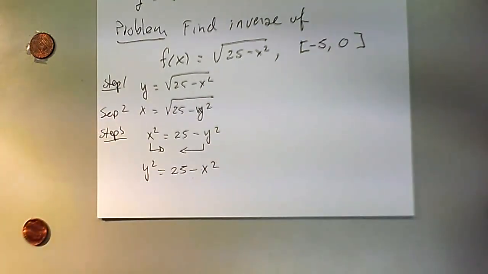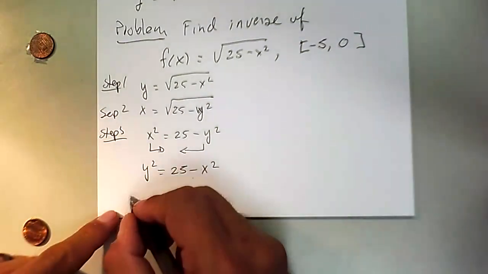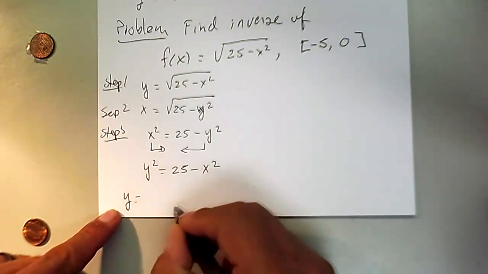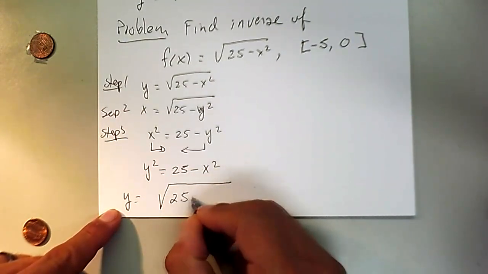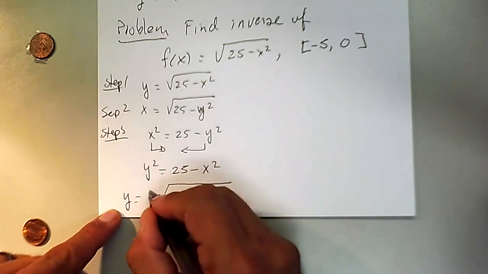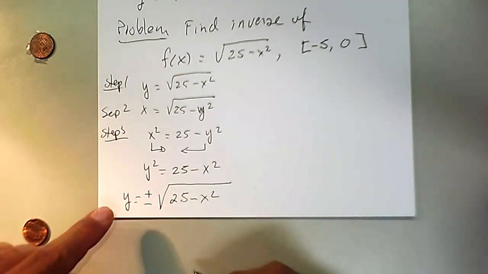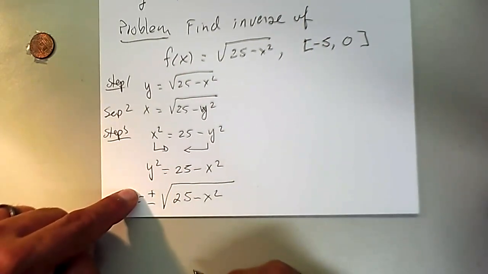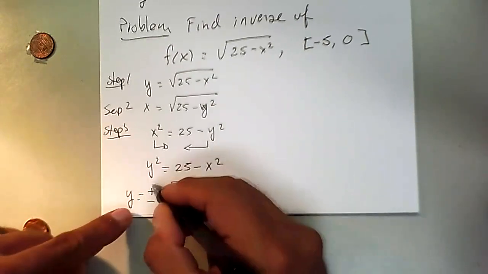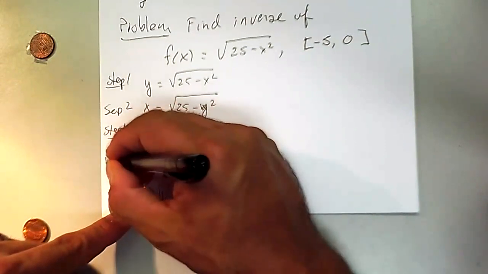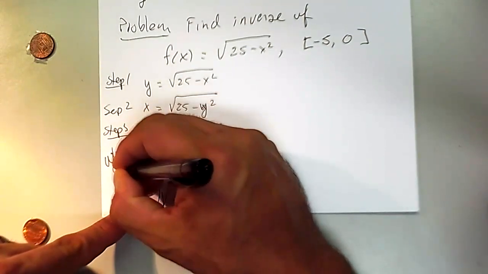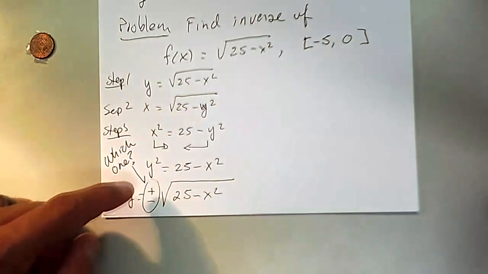So here's the beginning of the complications. Y is yes, the square root of 25 minus x squared, but we have two possibilities. So the question is, which one are we going to pick? Plus or minus?